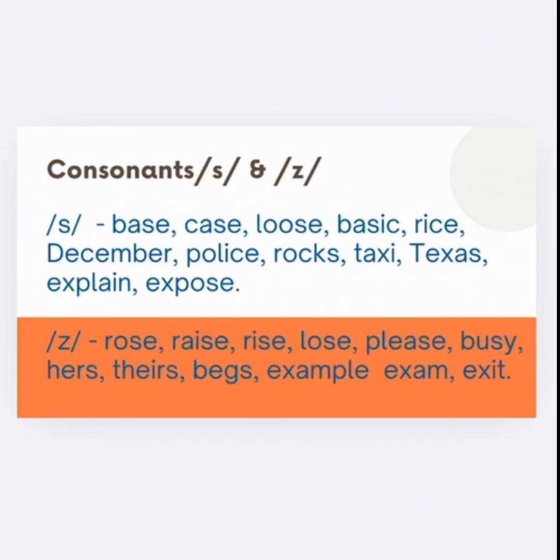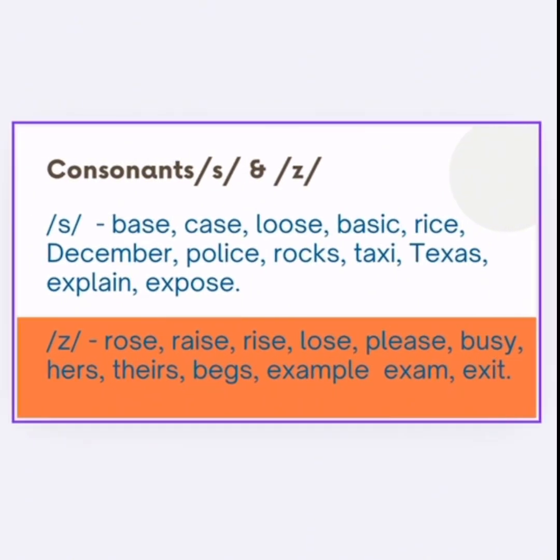What that means is sometimes you can have letter S and it can make the S sound. Sometimes the same letter S can make the Z sound. It's so funny. So let's explore different scenarios where S or Z can make different sounds.